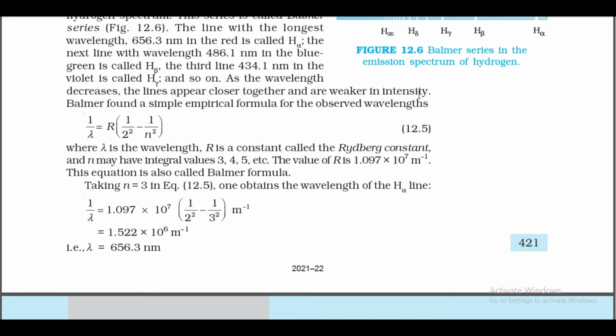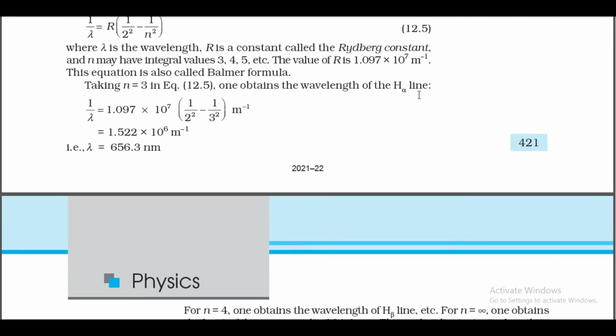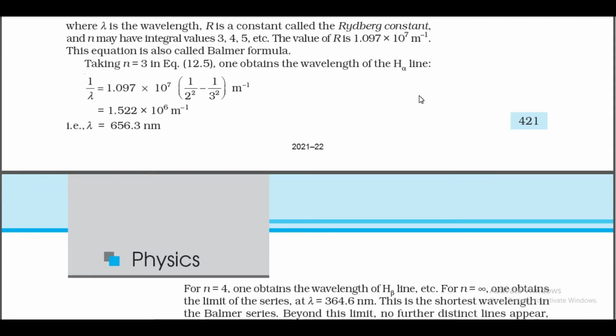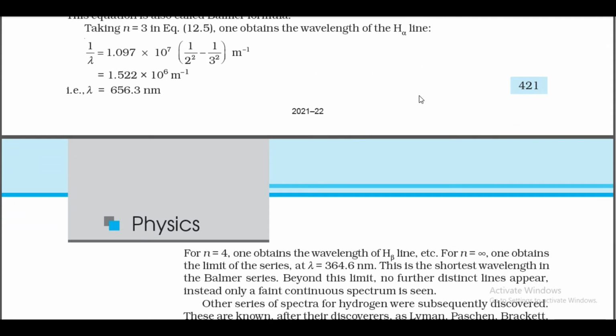Taking n is equal to 3 in equation 12.5, one obtains the wavelength of the H alpha line. 1 by lambda is equal to 1.097 into 10 to the power 7 into 1 by 2 squared minus 1 by 3 squared meter to the power of minus 1 is equal to 1.522 into 10 to the power 6 meter to the power of minus 1.